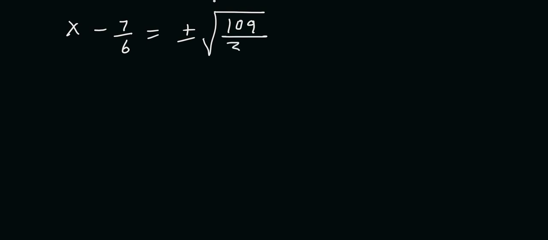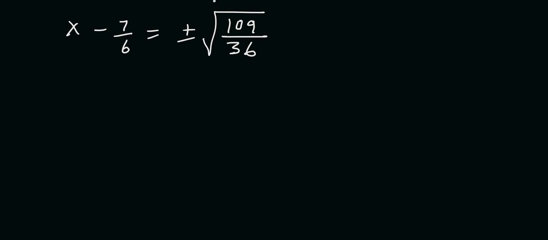So that will be x minus 7 over 6 is equal to plus or minus the square root of 109 over 36.